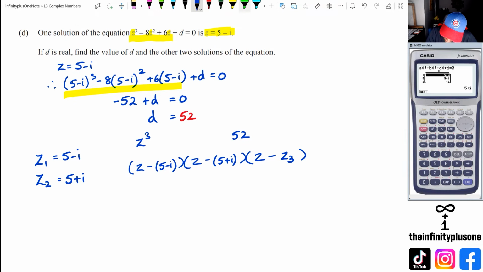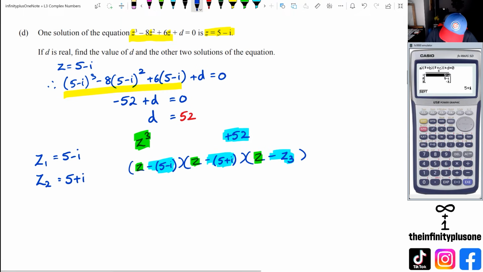Now, what's happening here is we've got z times z times z, which is equal to z cubed. And then right at the end, you've got negative (5 minus i) times negative (5 plus i) times negative Z3, which is going to equal positive 52. And that's something that we just need to remember.